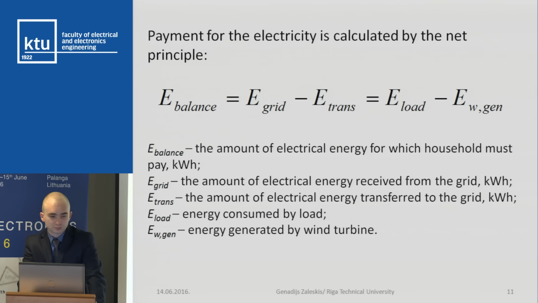So I called it E-balance, the amount of electrical energy for which the household must pay, in kilowatt hours. It is the difference between energy received from the grid and energy transferred to the grid, or the difference between energy consumed by load and energy generated by the wind turbine.